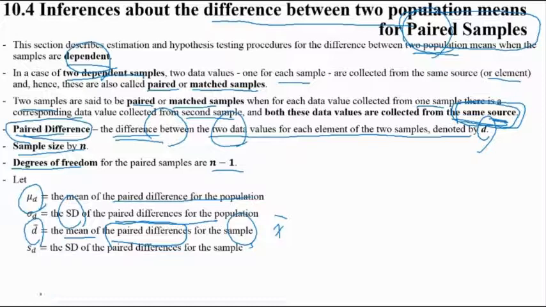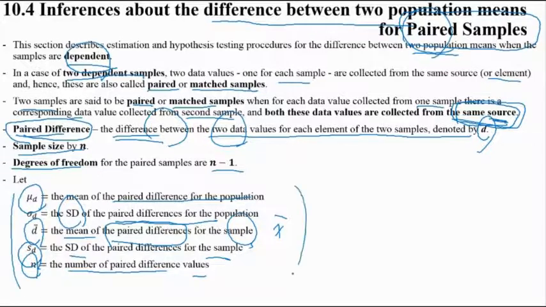S D is the sample standard deviation, and n is the number of paired difference values. It looks the same as before with X bar, but now it's just D, the difference.